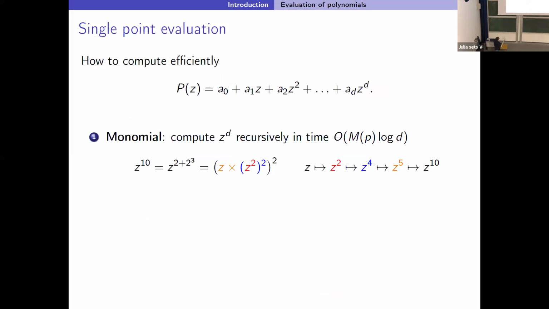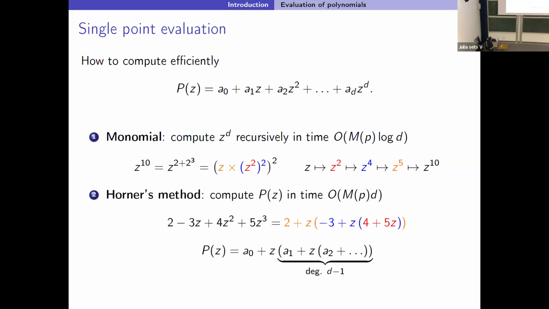Well, this number that appears here is just how much time you spend to multiply two numbers, which depends on many things and the algorithm that you choose. Then there is the standard Horner method, which compared to just obtaining the powers of z and multiplying by the coefficients and doing the sum, you gain a factor of 2, because you only do one multiplication and you get both the powers of z and the coefficients.